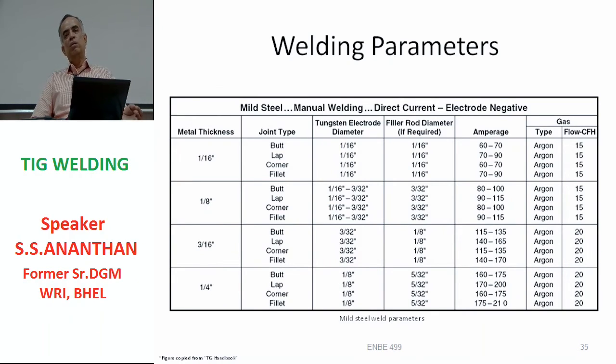Please note a range of current is mentioned according to the requirement. Then the type of gas one uses, either argon, helium or an argon-helium mixture, and the gas flow rate. This is a sample guide, and kindly remember whatever is given in the handbooks is basically indicative in nature, and one has to adjust these parameters according to the requirement of our job and the equipment we have.